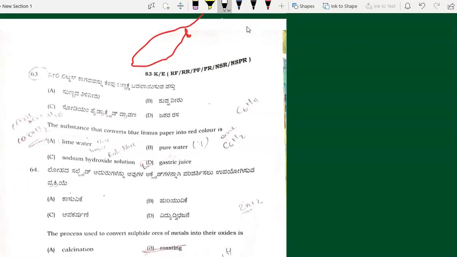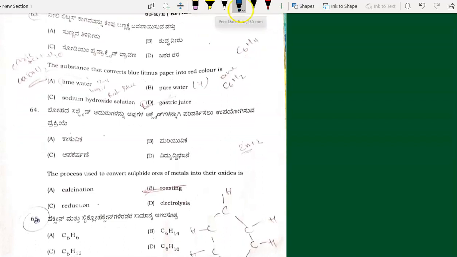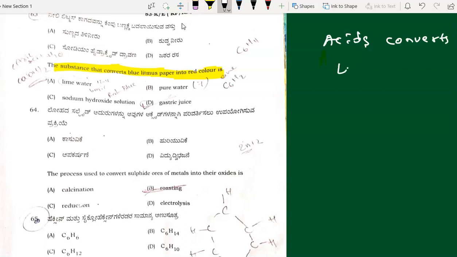Okay. So in this question, what we have: the substance that turns litmus paper red. Yes, acids convert blue litmus paper to red. pH less than 7 is acid.